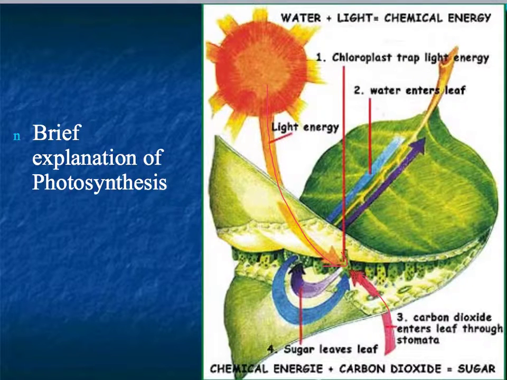Stomata we really didn't talk too much about, but they're openings, and the carbon dioxide is going to go to these chloroplasts, which are going to help trap the light energy. You have water entering, and you have this reaction going on right here to provide sugar and oxygen for the cell.